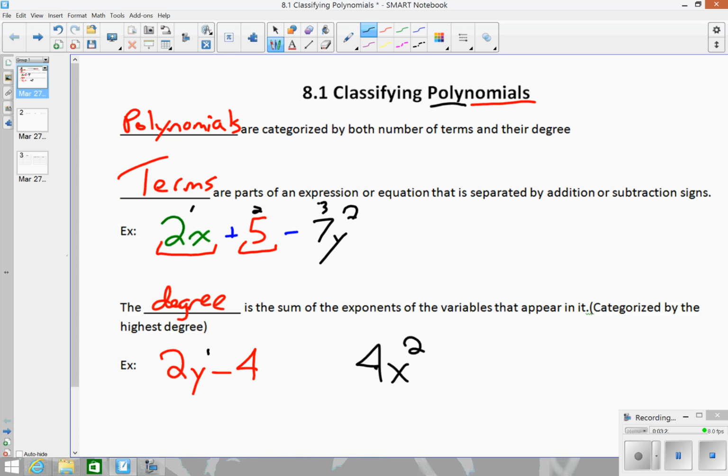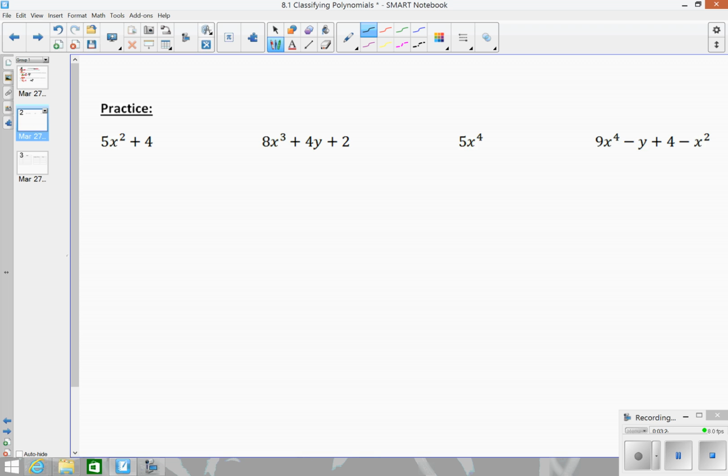Okay, so let's get into a couple examples, and then we're going to fill out a chart. So when we classify, each of these are going to have two names. Okay, two names. There's going to be the number of terms, and then there's going to be the degree. So if we talk about the number of terms, let's just underline how many terms we have. 1, 2, right?